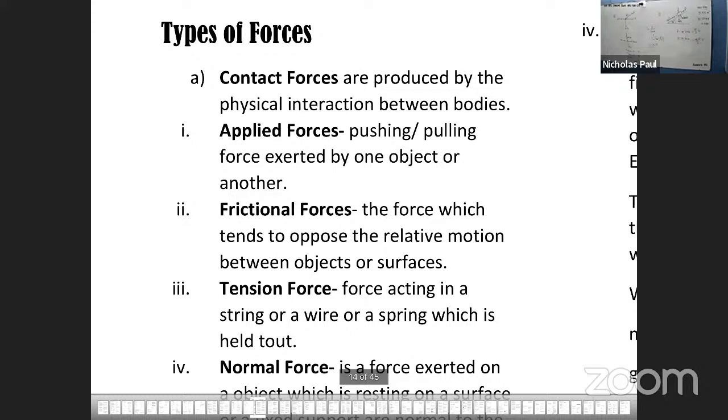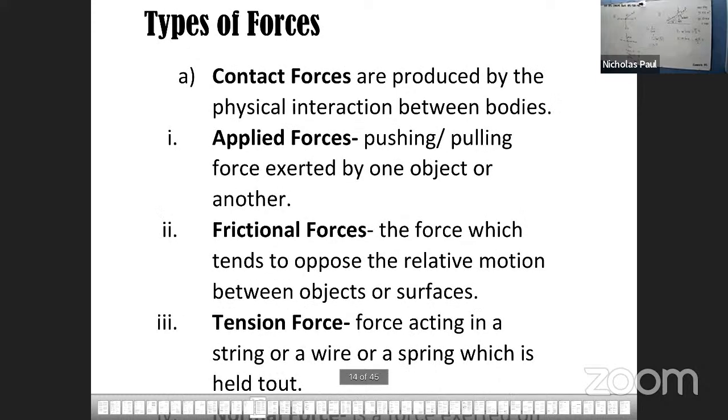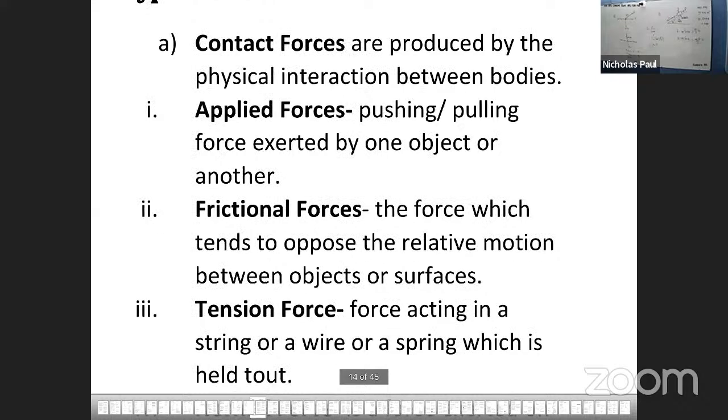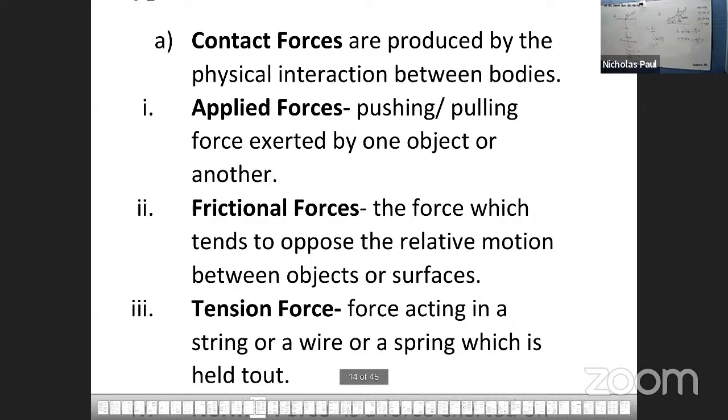Anyway, contact forces are produced by physical interaction between bodies. Applied forces: pushing and pulling, force exerted by one object on the other. Frictional forces: the force which tends to oppose the relative motion between objects or surfaces. Tension force. The reason I'm showing you all these is that if I give you a scenario, you have to be able to draw all the forces acting on the object.